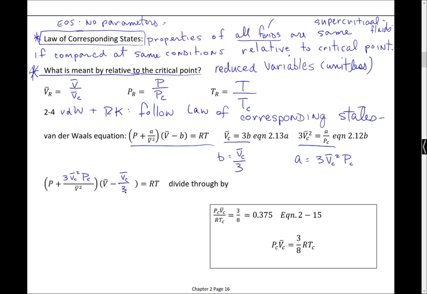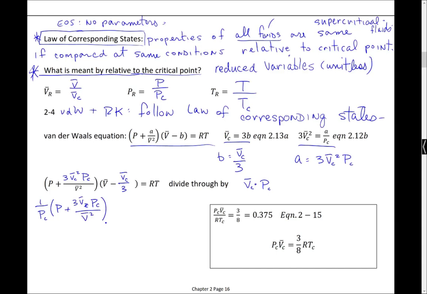All right? So at this point, I still don't have reduced variables, so I need to do some algebraic manipulation in order to get there. And I'm going to step you through it. So what we're going to do is divide through by VC times PC. Okay? And then we're going to see what happens there. Dividing through by PC is going to be the same as multiplying through by 1 over PC times P plus 3 VC PC over V bar squared, right?